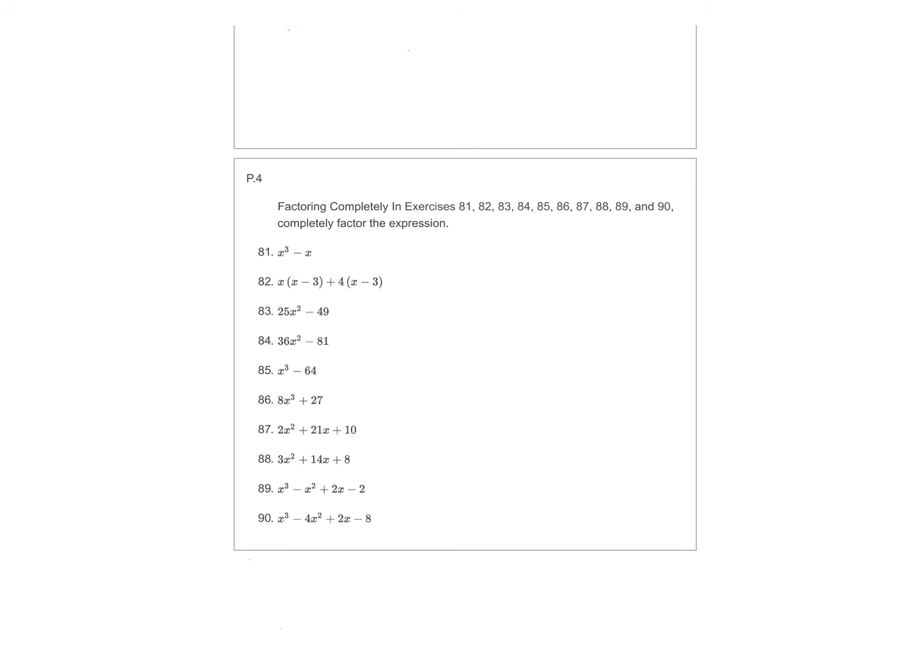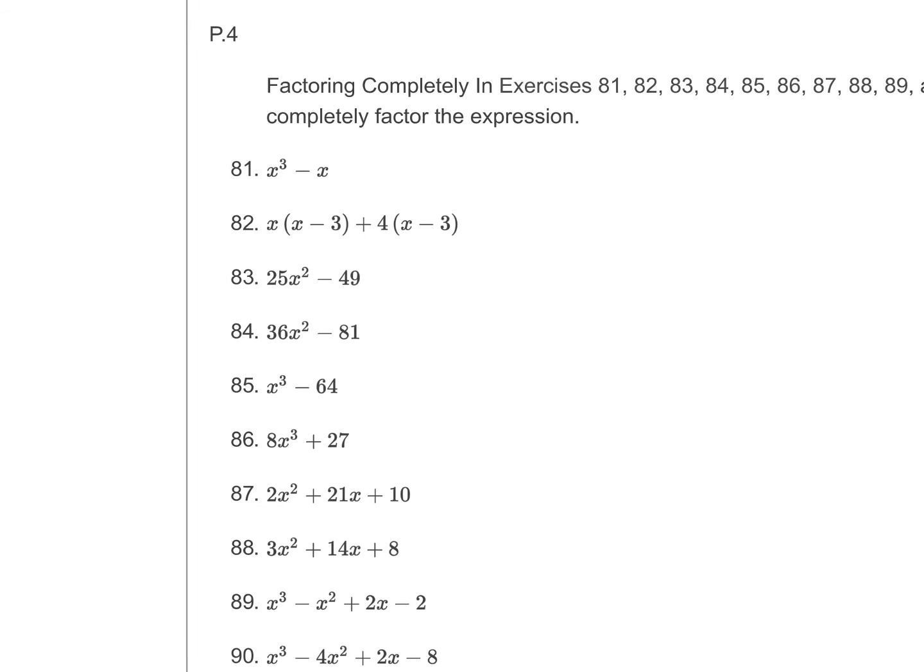Okay. Now, see how it says here, factor completely? So just to show you on 81, you will get a question like this where you have to pull out a GCF first. The GCF here is x, and then what remains after you divide both of these by x, you're left with x squared minus 1, which is the difference of 2 squares, and you can keep going.